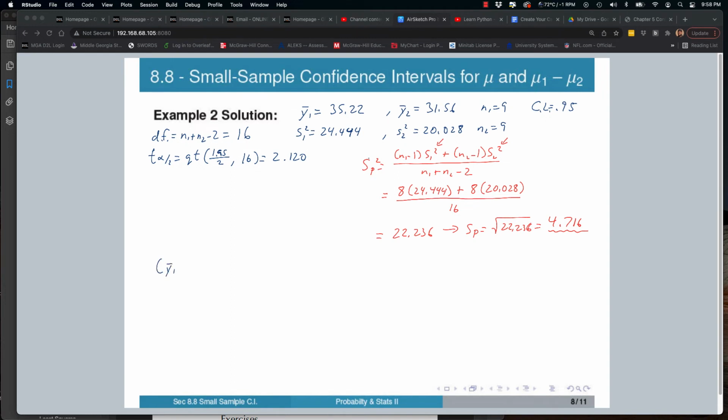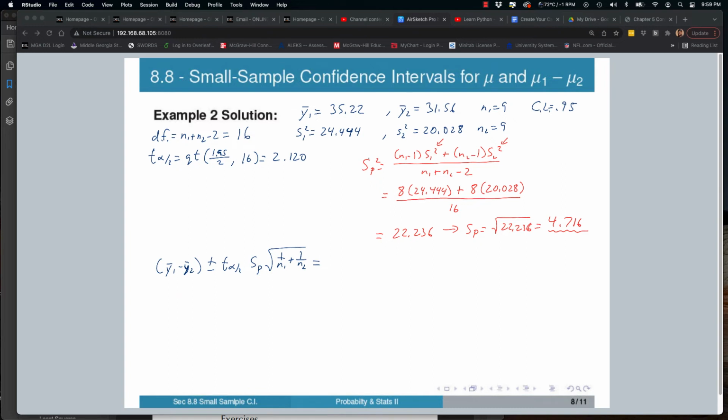So y bar sub 1 minus y bar sub 2, plus or minus the critical value times the pooled standard deviation times the square root of 1 over n sub 1 plus 1 over n sub 2.